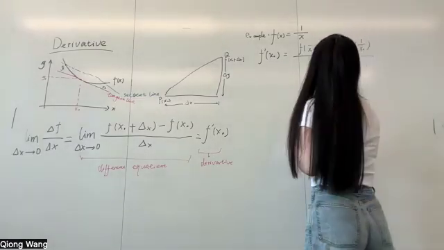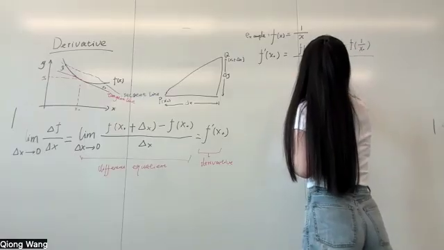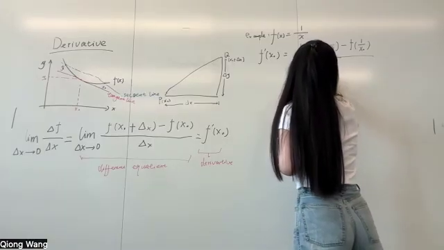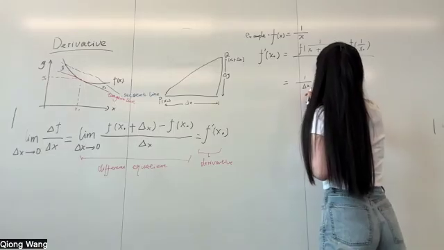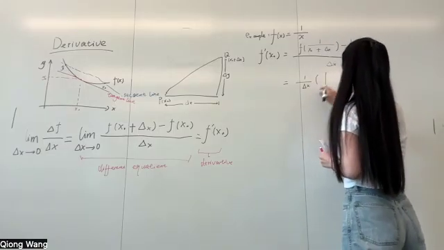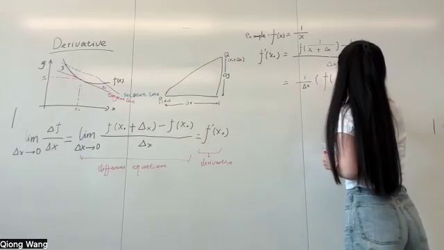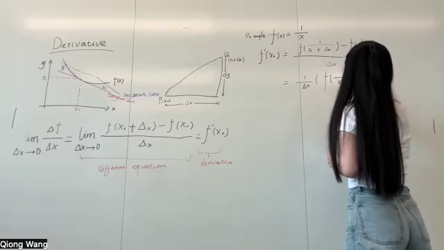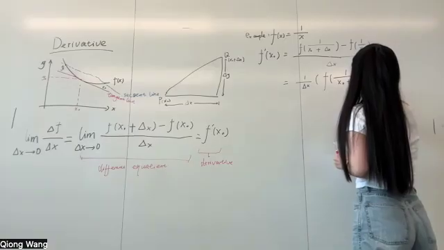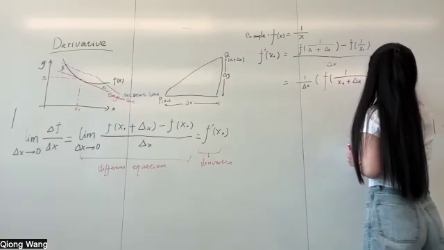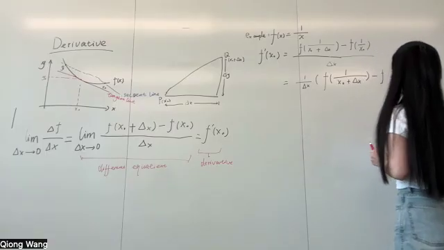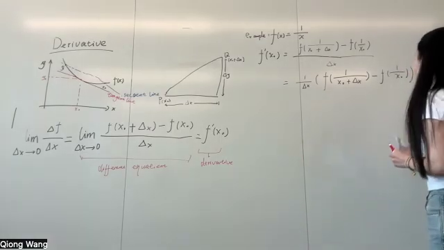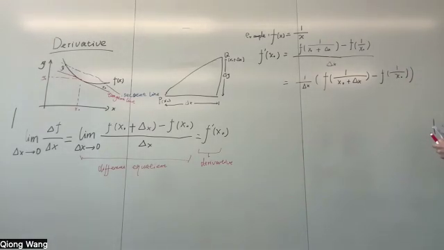And then we can write the function like this: 1 over delta x times f of 1 over x0 plus delta x minus f of 1 over x0.